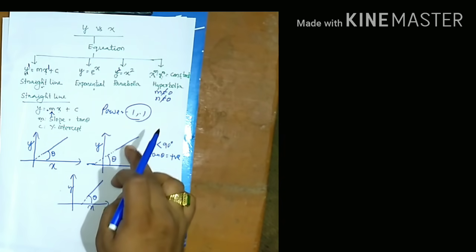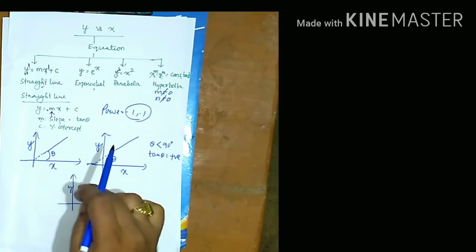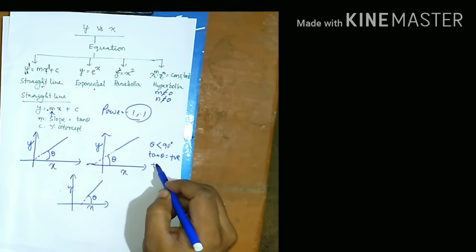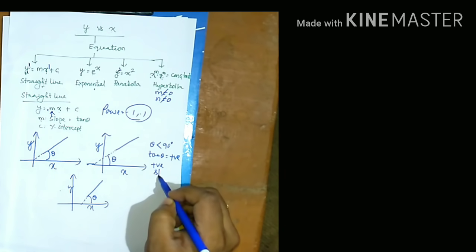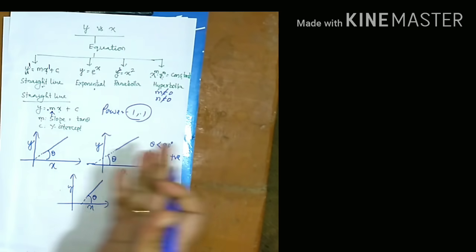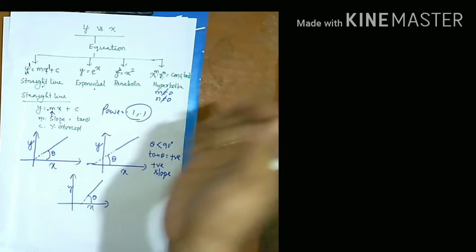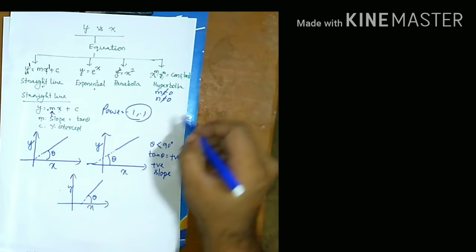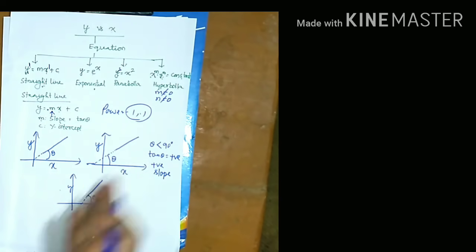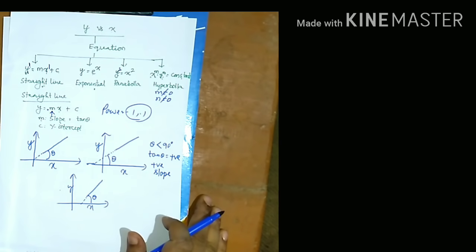So all these straight lines are of positive slope. When the angle is less than 90 degrees, like this, the slope is positive. Positive means increasing. Remember, theta is less than 90 degrees.